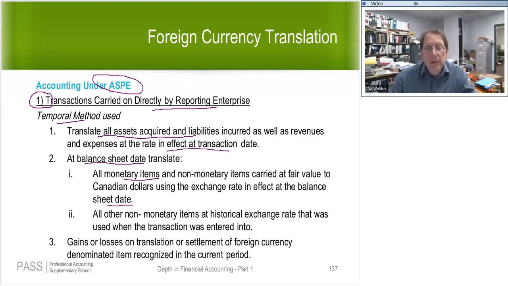Now, people, what are monetary items? I don't know if anyone wants to give me a definition or give me an example. Give me an example of a monetary item. You need to know what monetary items are. Okay, good. The first one I got is cash. That is correct. Give me another example, please.